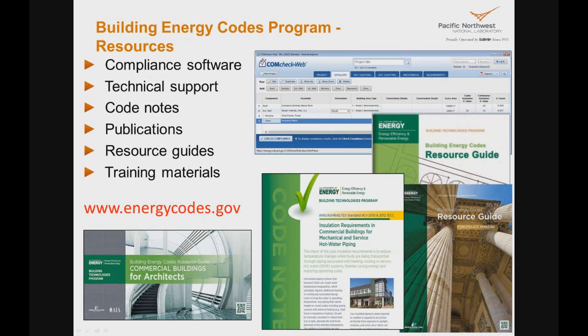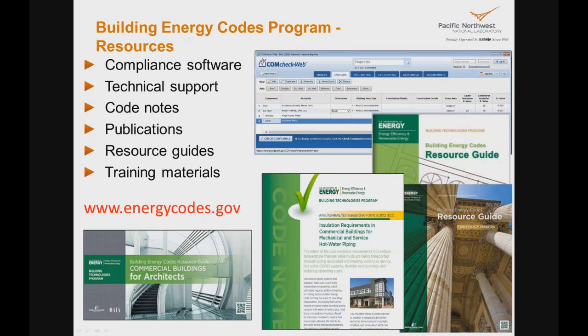There are code notes available on specific code requirements under resources on the website. Specific publications, energy cost analysis, and so forth that you might be interested in, some resource guides, and our training materials. We have the full set that we do for all of the main IECC and 90.1. If you're a trainer, that's great material to go grab. You don't have to pay anything.